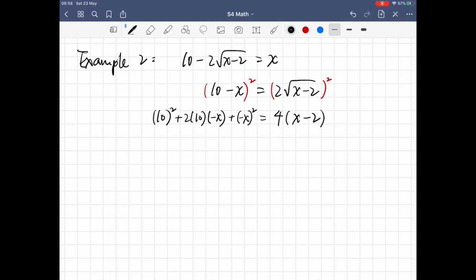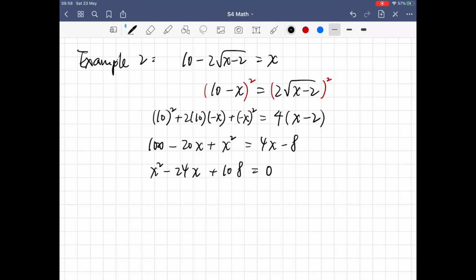Now we can see there is no square root in the equation. Then we can form a quadratic equation. We have x squared minus 24x plus 108 equals 0.